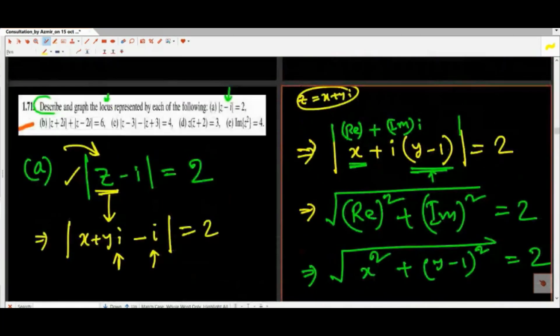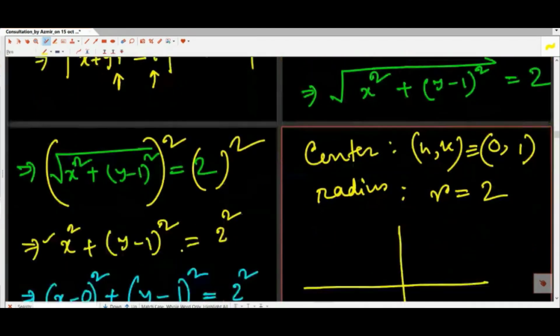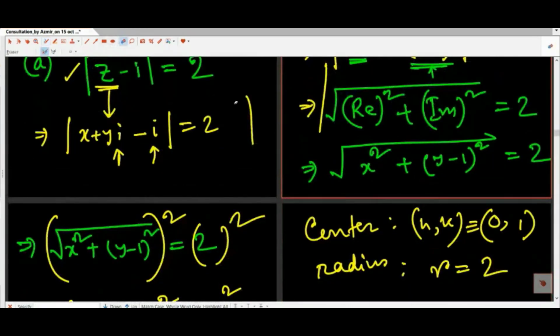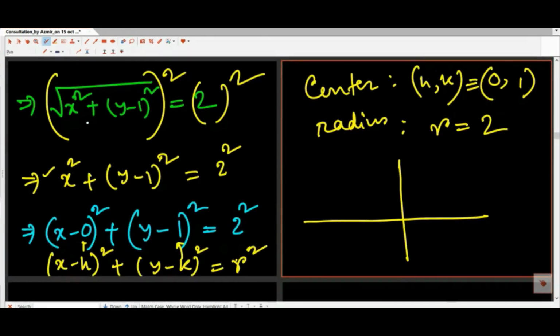So that is what we have to find, that is describe and graph. So we have already described by this method. Okay. And finally, we are going to draw the graph. So now we are sure that this is nothing but a circle. To draw the circle, we need to locate the point where the center is, that is 0, 1. So 0, 1, this is the center.